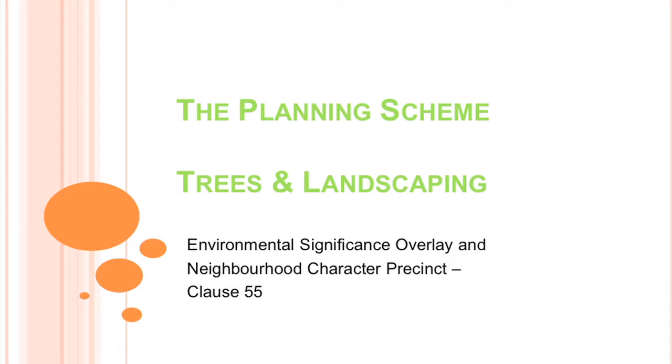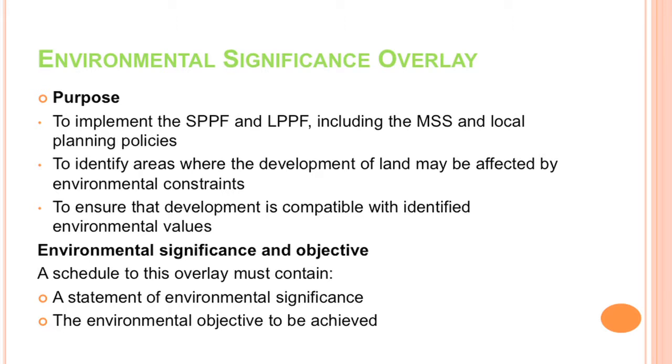Just with the environmental significance overlay, we've already been through this, so I won't. But Hugh touched on waterways, and with the eastern councils there's a lot of significant native vegetation, and some of the eastern councils have had sites of biological significance reports done throughout their municipality, and these ESOs are attached to those. As arborists we need to be aware of this, and when we go into these different municipalities, it really pays in terms of tree ID.